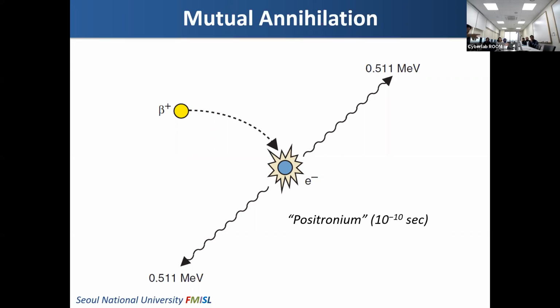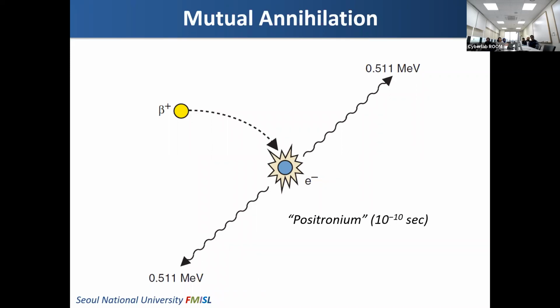When this positron meets the electrons surrounding the atom, the mass of the positron and electron is converted into annihilation photons. These annihilation photons have the same characteristics as gamma rays, and they have a fixed energy.